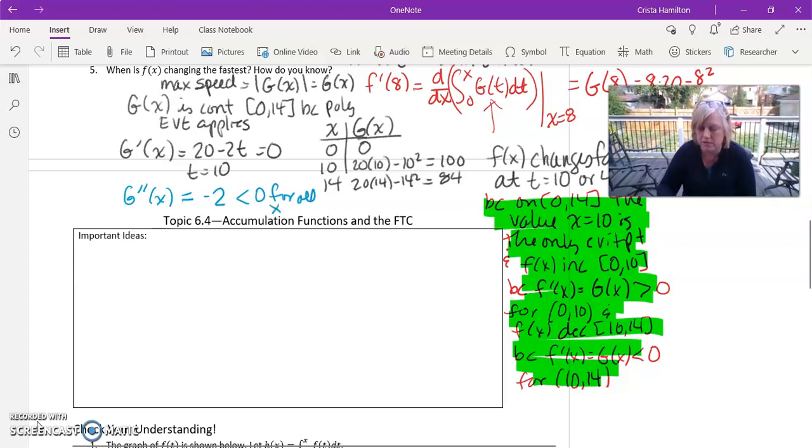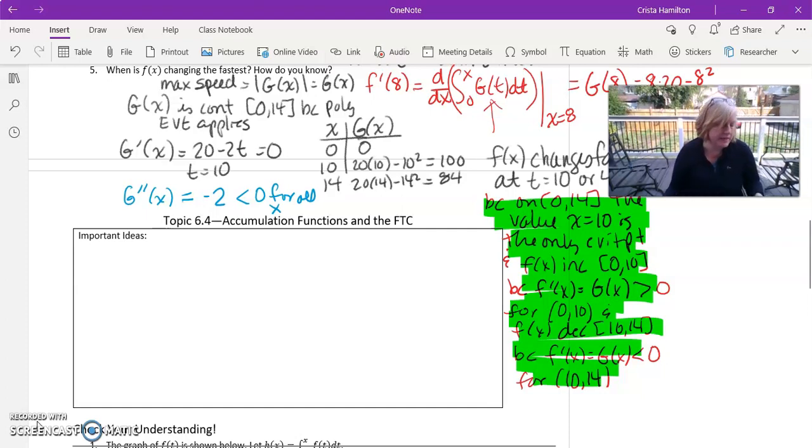So we could have also said it's the only critical point, and it has a second derivative that is negative for the entire interval. Therefore, it would also be a relative maximum, which becomes an absolute max because it's the only critical point. So I just thought I would highlight that a little more in this part 2 of this video about the fundamental theorem of calculus.